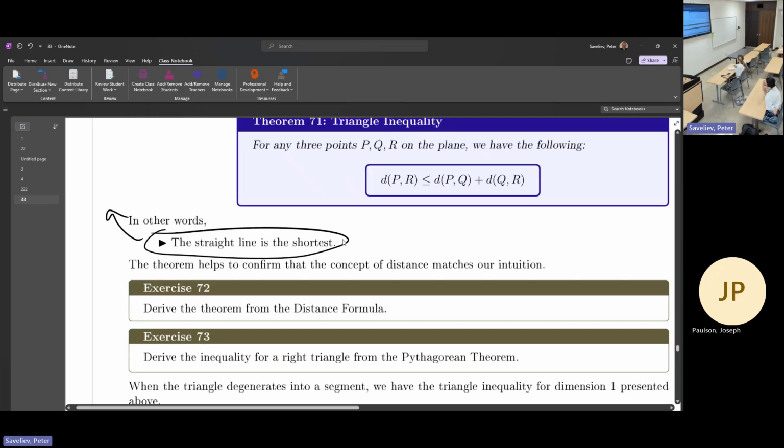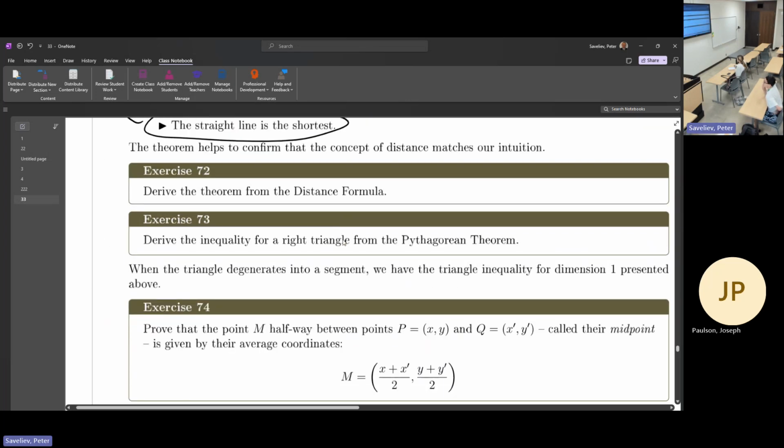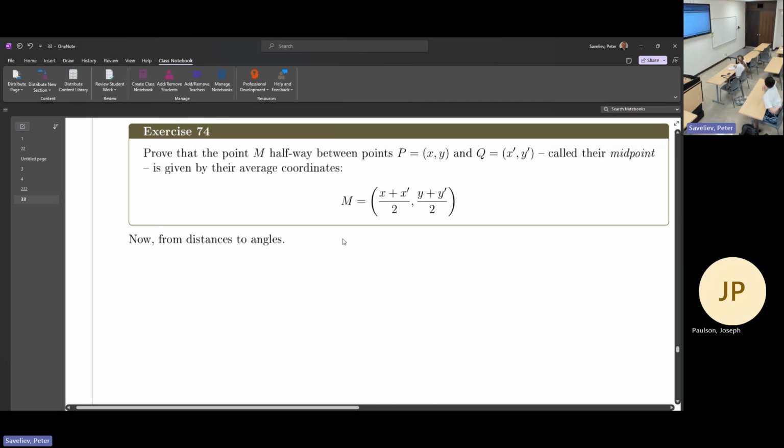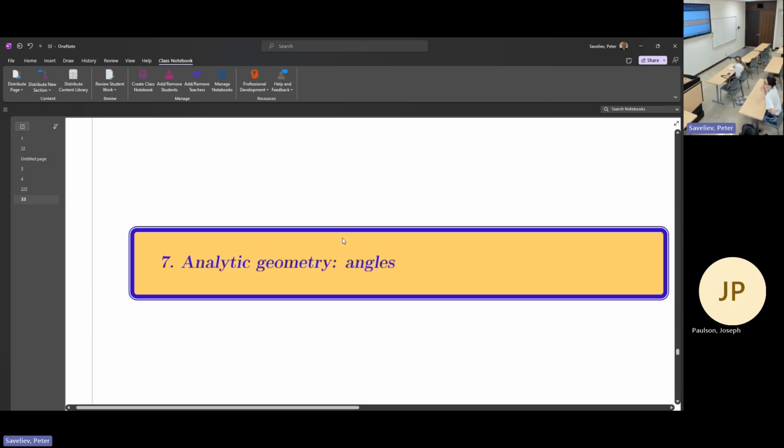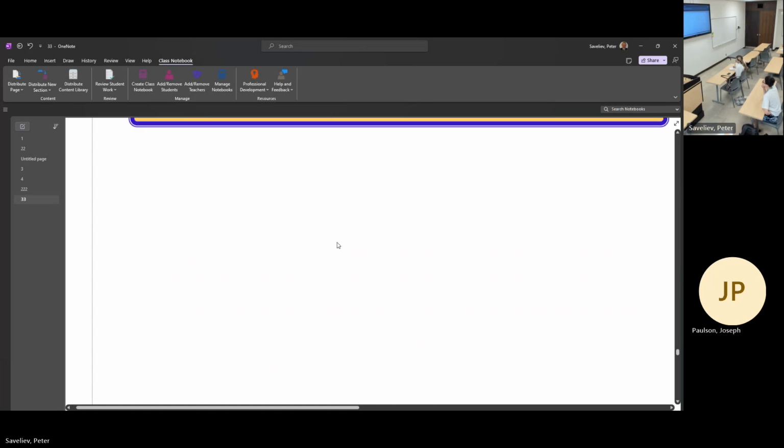All right, so distance formula, triangle, midpoint. Now angles. Let's examine angles a little bit next. Part of analytic geometry, we're only doing two dimensions, and distances come to mind first, but also the angles between lines.